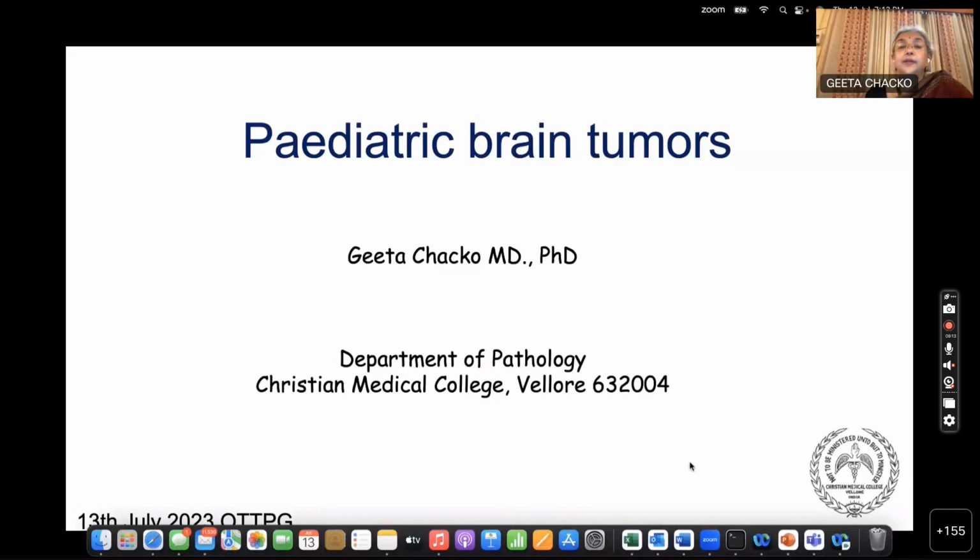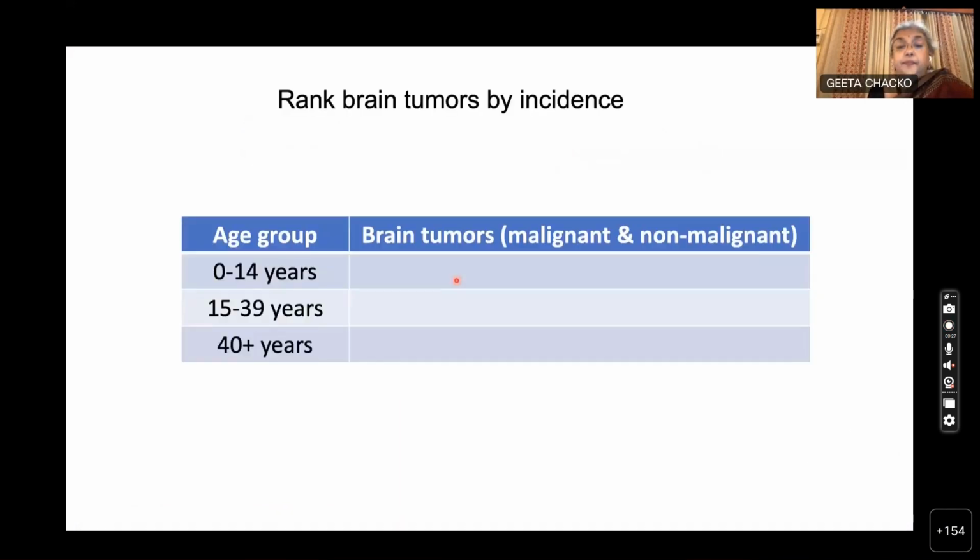All right. So today I'm going to be talking about pediatric brain tumors, particularly glial tumors. And before I go into that, I just want to get a sense from the participants about what you think, how frequent is brain tumor in a child by age group.